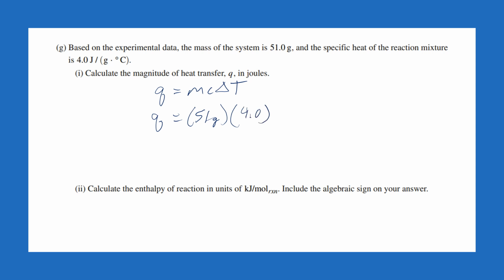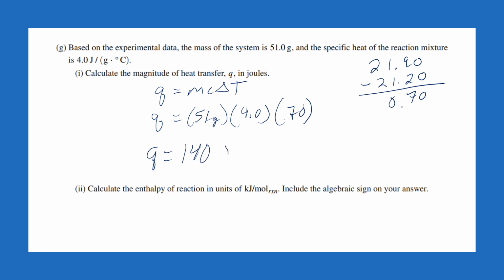We just need to find the change in temperature, which for this reaction, we take that final temperature that they gave us, the 21.90, and subtract out the starting temperature, and we get 0.70. Plug that in for delta T, and we get Q equals 140 joules.